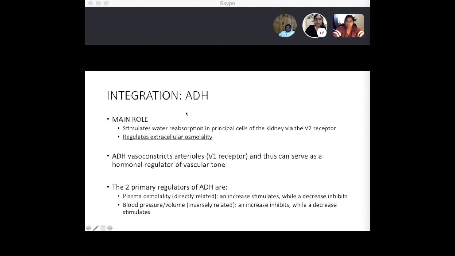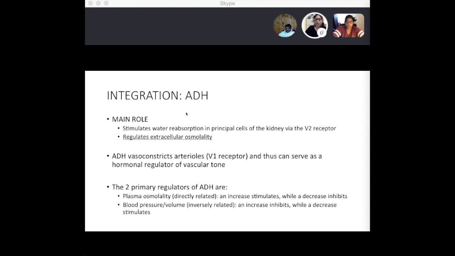Antidiuretic hormone, its main role is to stimulate water reabsorption in the principal cells of the kidney at the V2 receptor. So this regulates extracellular osmolality. It also acts on arterioles and thus can serve as a hormonal regulator of vascular tone. So that's its compensation.